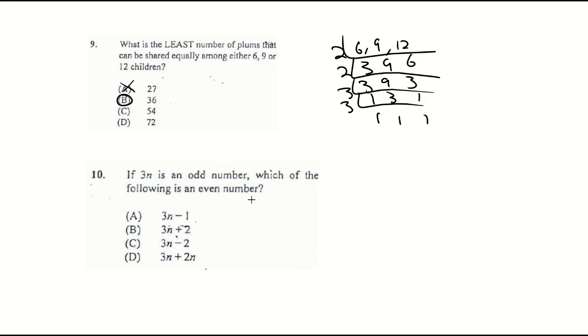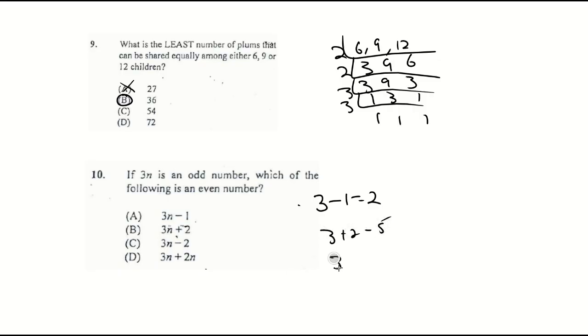If 3n is an odd number, which of the following is an even number? Hold on. If it's an odd number, let's use any odd number. Let's say an odd number of 3. 3 minus 1 will give you 2. But what about 3 plus 2? That is giving you 5.